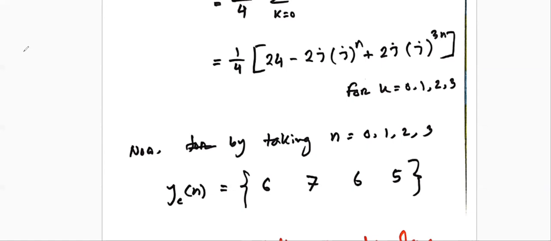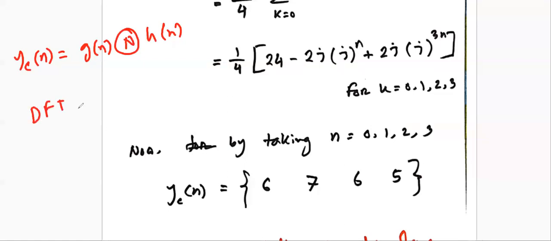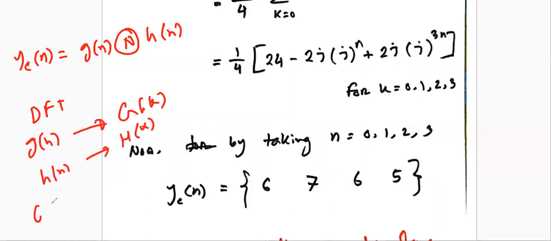What you need to do is find yc[n] by using g[n] and h[n], the circular convolution in the time domain, as well as find it with the discrete Fourier transform, where we have already mentioned that g[n] is converted to G[k], h[n] is converted to H[k], and after that G[k] and H[k] should be multiplied, and then the inverse discrete Fourier transform will give us yc[n].